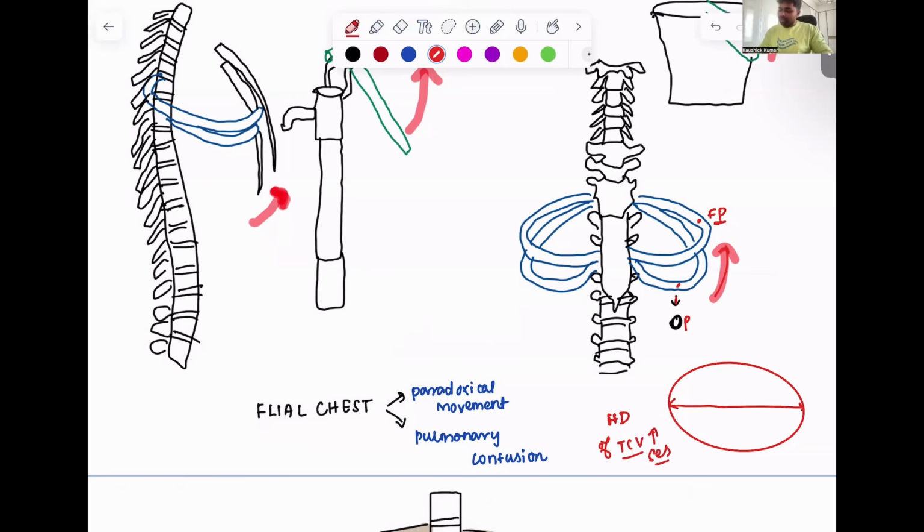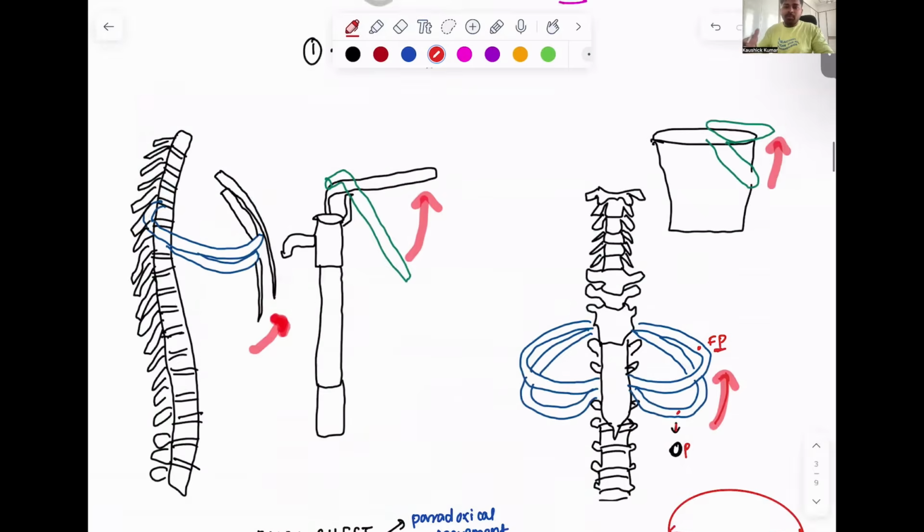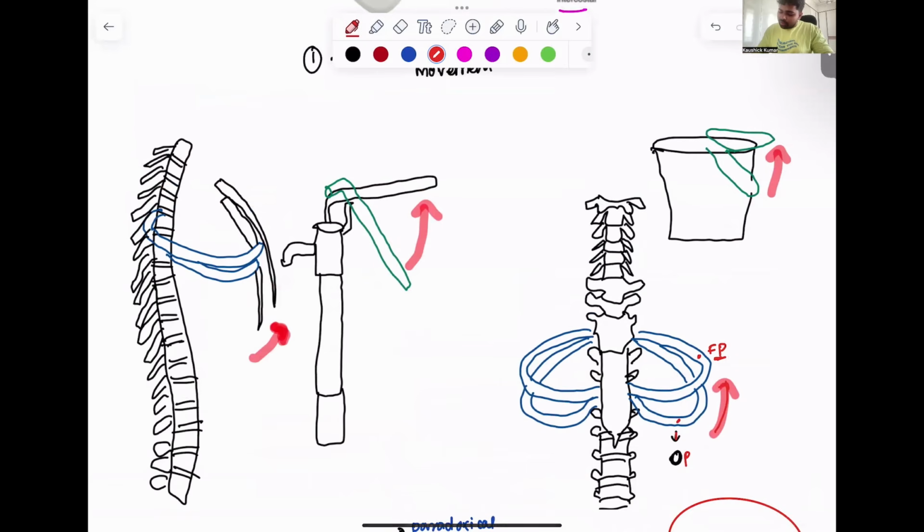Volume increases. So this is compared with the bucket handle movement. We can see this is the initial position. And because of the contraction of the external intercostal muscle, the rib cage moves upwards and outwards. So this is the final position.